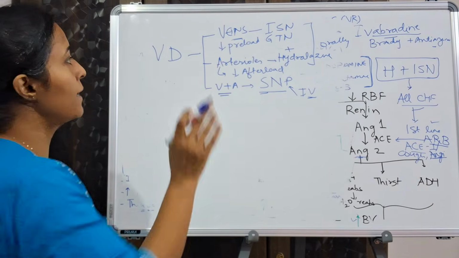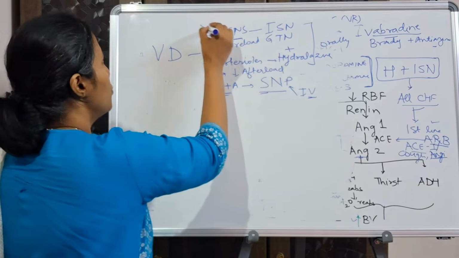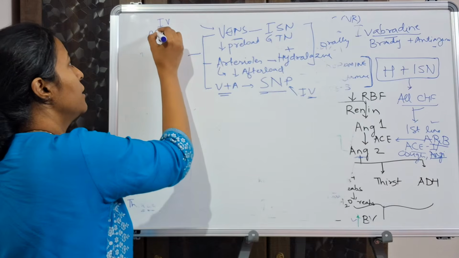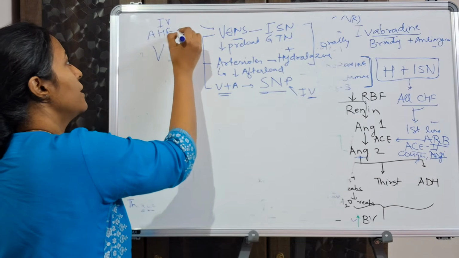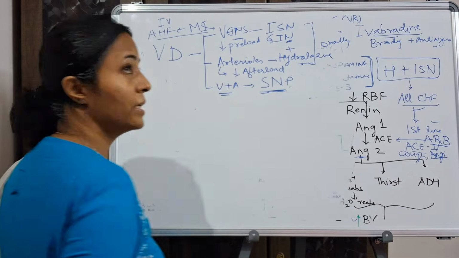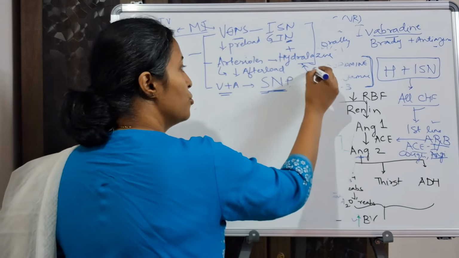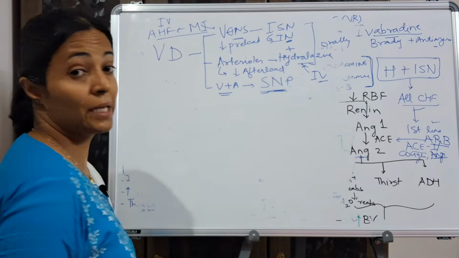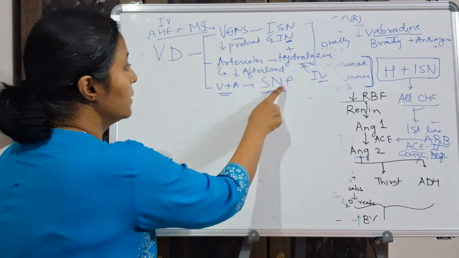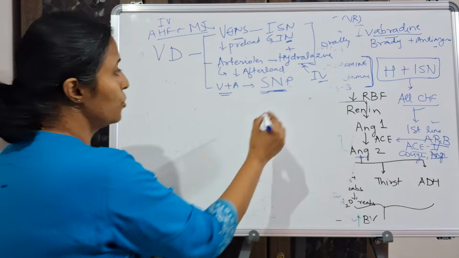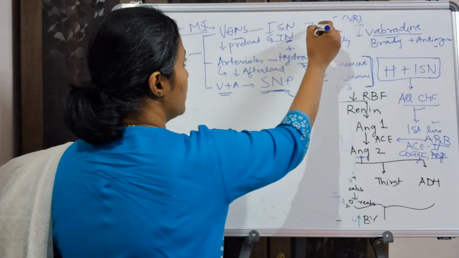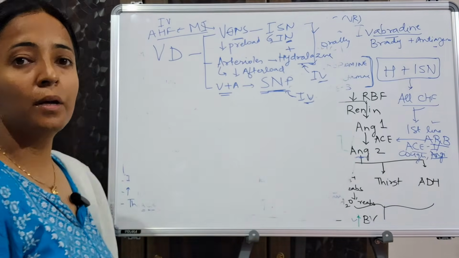Now, isosorbide trinitrate can also be given IV in case of acute heart failure when there is MI. So in that case, IV nitrates can be given. Hydralazine IV is used only for urgent use in pregnancy, because in pregnancy other vasodilators are contraindicated, and sodium nitroprusside is given only IV. Okay, the other two are available orally as well, right?